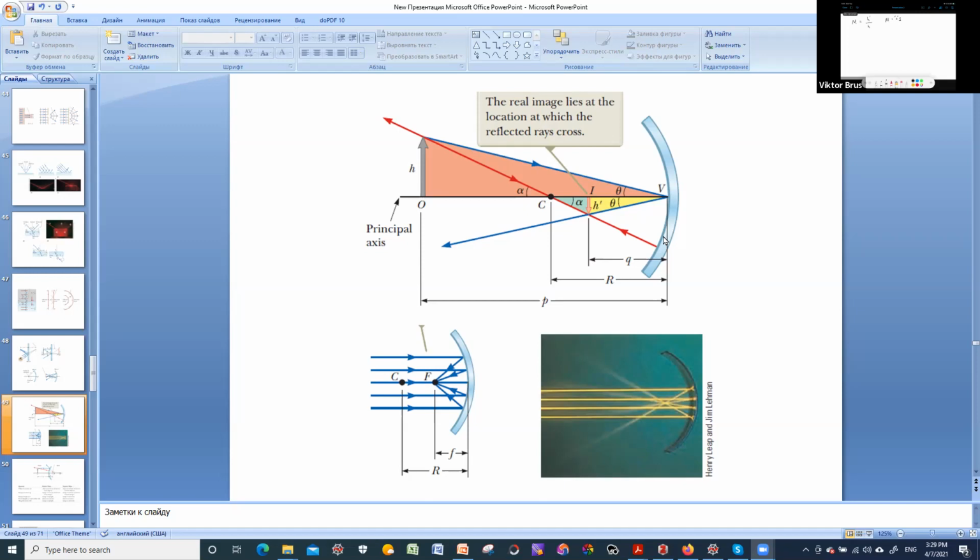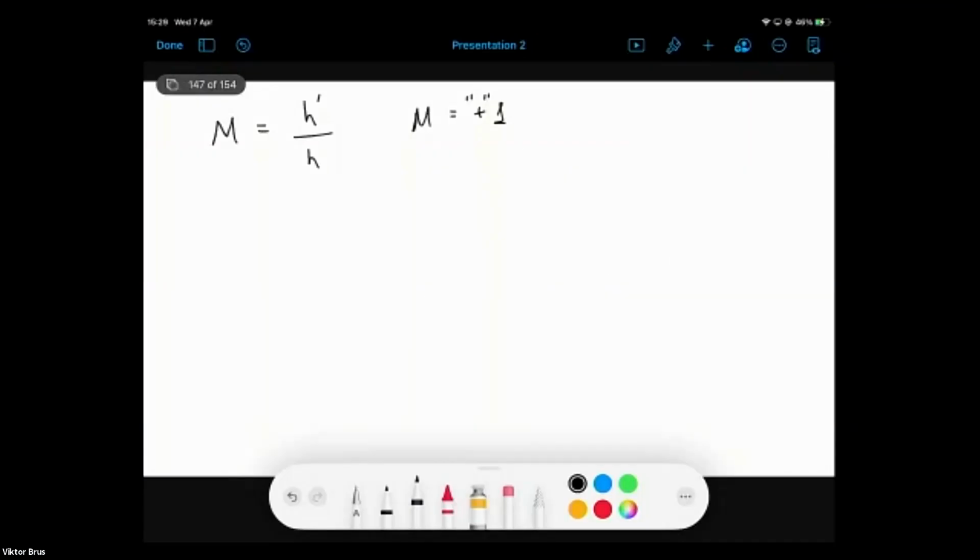So let us go to the slide where I can write. Let us write this down. From the large red triangle, the tangent of theta is equal to the ratio of h to p, and the tangent of theta is equal to minus h prime to q.